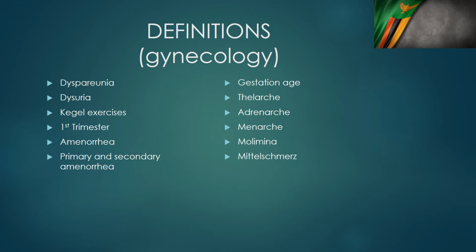When we say gestation age, we mean how old is the pregnancy, and the starting point of this measurement is the last menstrual period. So when we say this pregnancy is 20 weeks, we are starting to count from the last menstrual period. We need to remember that the real gestation age of the fetus is from fertilization.